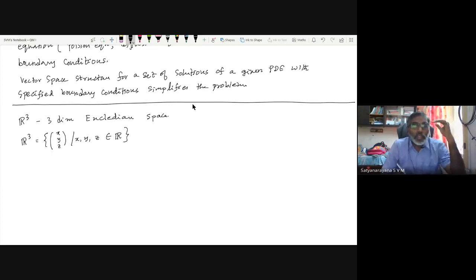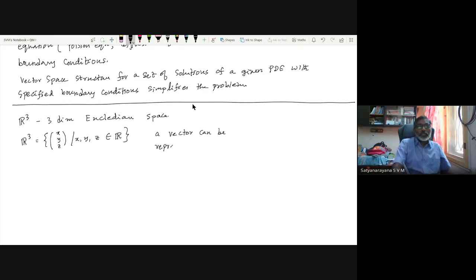Now, a general vector can be represented abstractly as a ket vector V, and this V can be written as a column vector consisting of V1, V2, V3, and these are basically components.